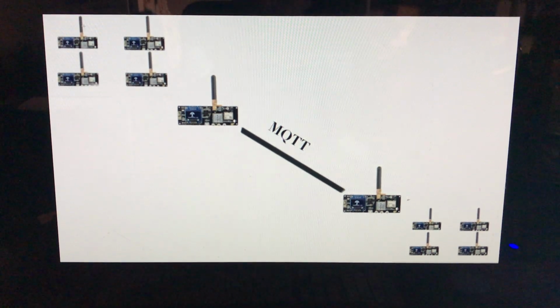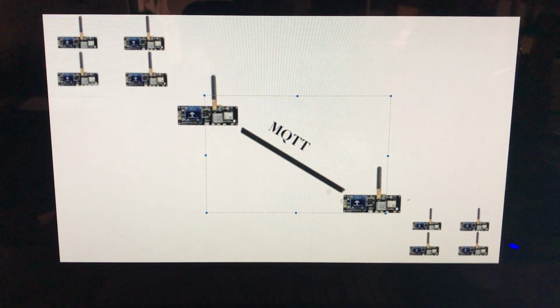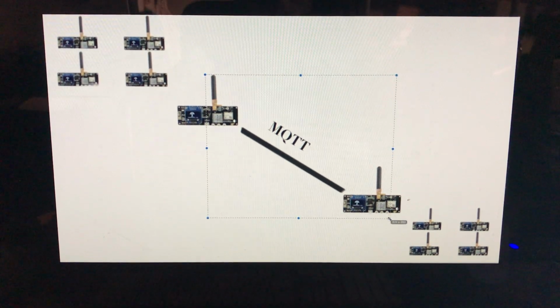What happens here is when this node sends out a payload, because these are all zero hop, and these two are connected via MQTT, they kind of act as one node. It isn't like RF where this is a hop to this. This is a single hop.